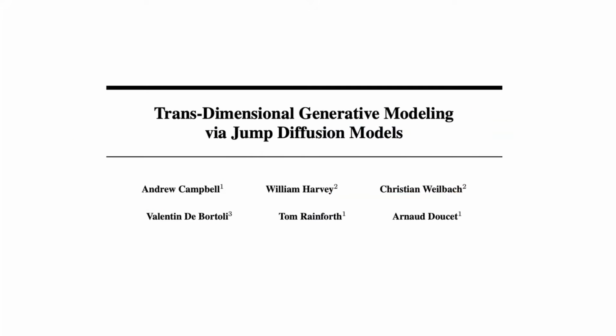And that dives us into the first method that I'm going to talk about that tried to tackle this problem, which is called trans-dimensional generative modeling via jump diffusion models, and I'll just call this trans-dimensional jump diffusion for short.